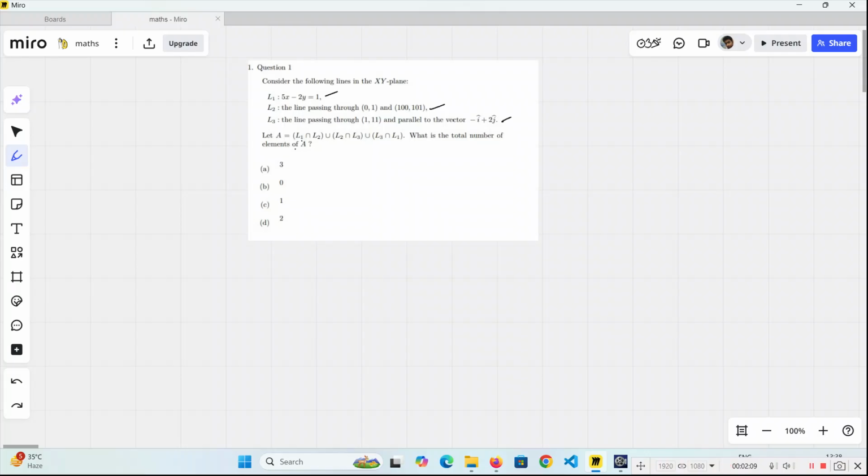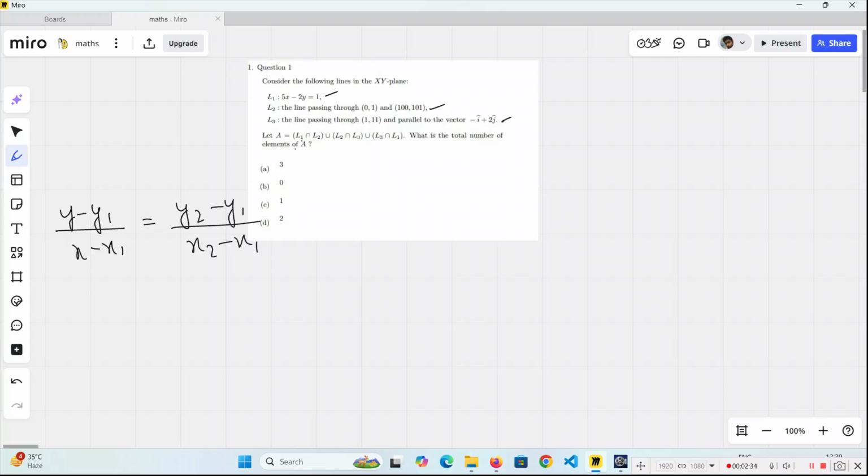We have already learned in straight lines the 2-point formula. That 2-point formula is (y minus y1) by (x minus x1) equals (y2 minus y1) by (x2 minus x1). So this is one formula. Okay, this is the 2-point formula.